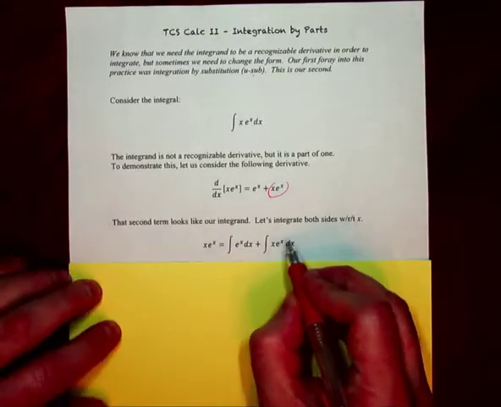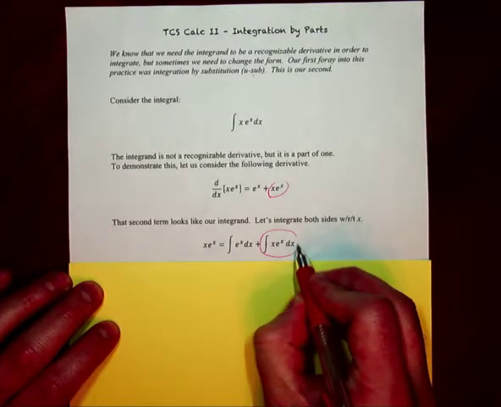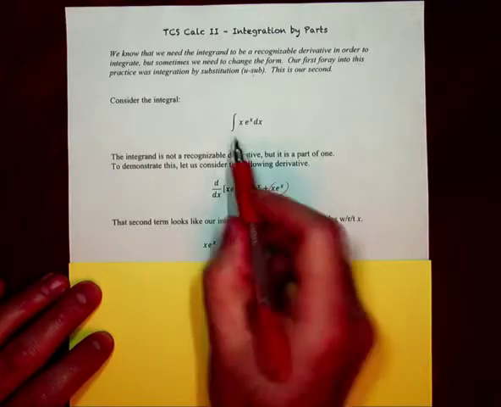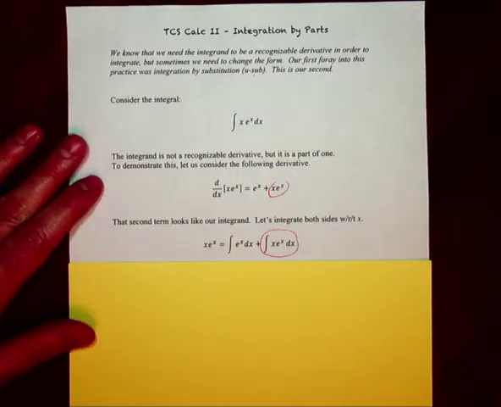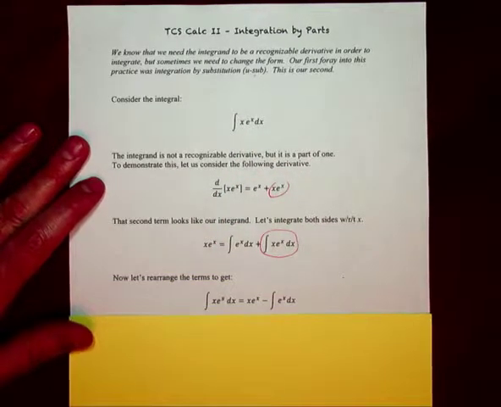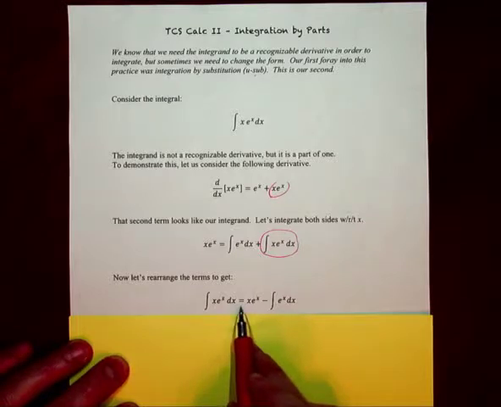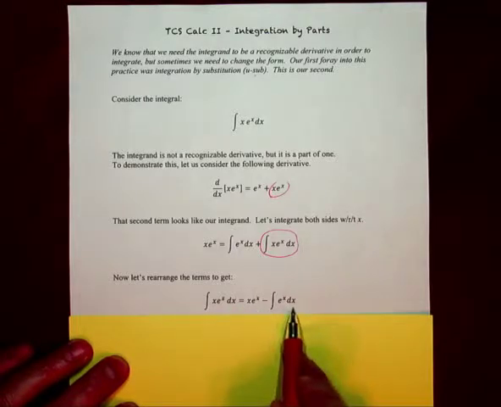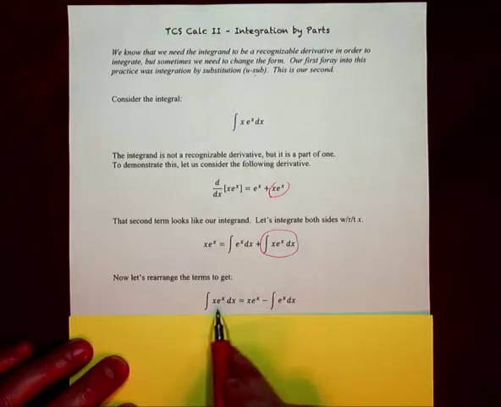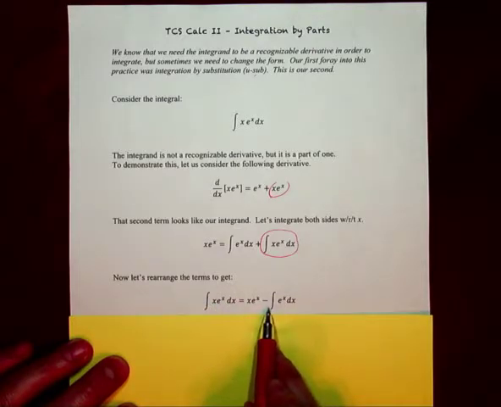Well, that's kind of neat because that one right there is the one that I was given at the very beginning, right? And so if I shuffle the terms around just a little bit, I can solve for this integral x e to the x dx, and it winds up being equal to this expression. Okay, well, if I can't integrate that, I'll integrate that instead.